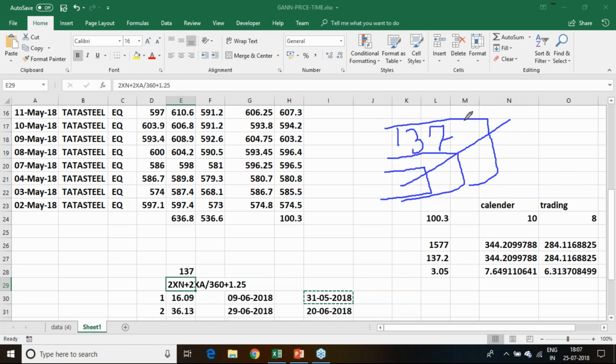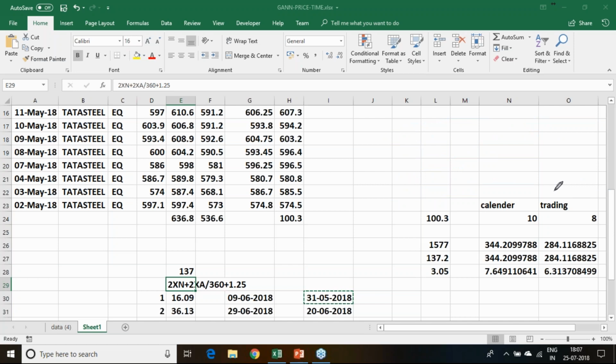Like this it will go on, these spirals will be going on. So all these numbers are falling on the 137 degree line. So this is the line which makes 137 degrees with your x-axis. So this is the mathematical definition of that.